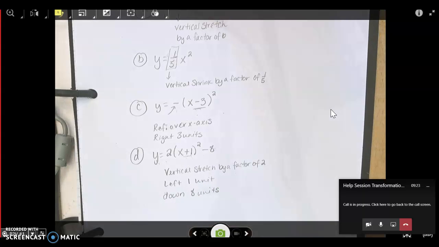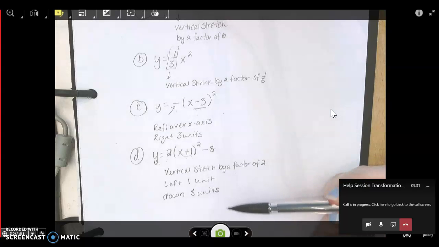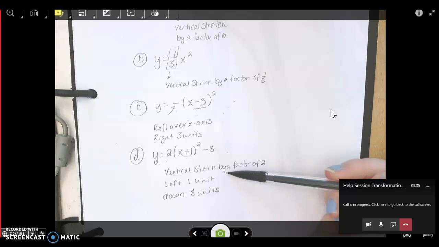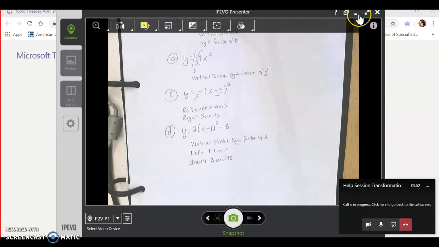Okay, and one last thing I want to look at is, this is great, but you have to have this stuff memorized in order to do it. If you want to check and see if you're right, you can always go to the Desmos online graphing calculator. I'm going to do that right now, if I can figure out how. Okay, we're going to minimize that.